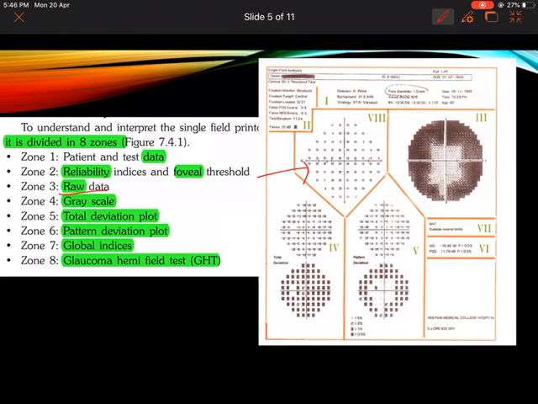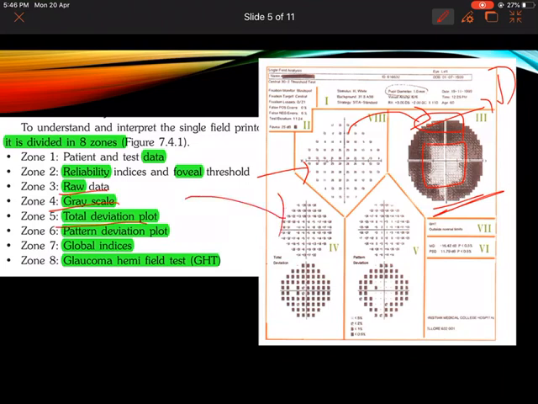input as retinal sensitivity. Then grayscale: the raw data depicted as a black and white picture. Based on the sensitivity, if the patient has good sensitivity, it is seen towards a whitish shade, and if the patient's sensitivity is very bad, it is seen towards dark. Then you have the total deviation plot.